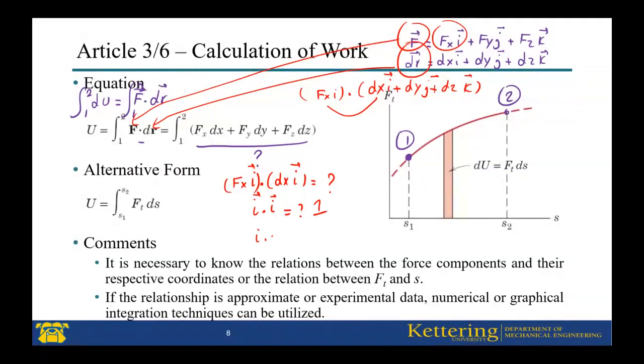How much is the dot product of i by j? 0.